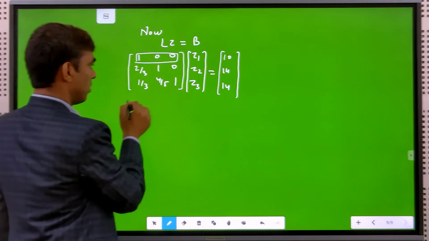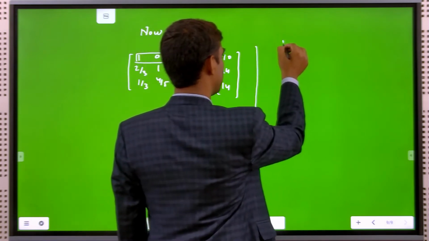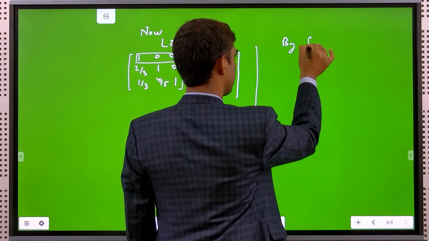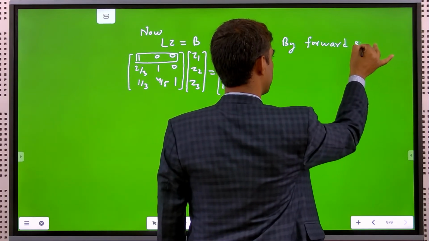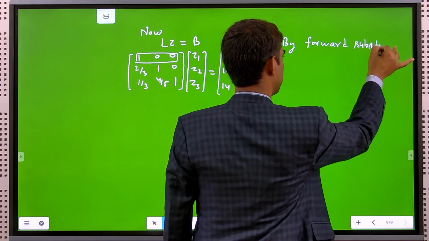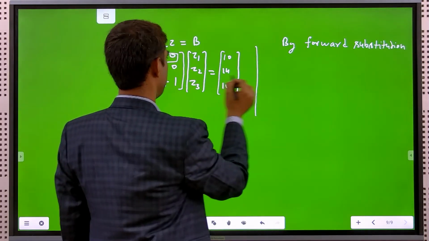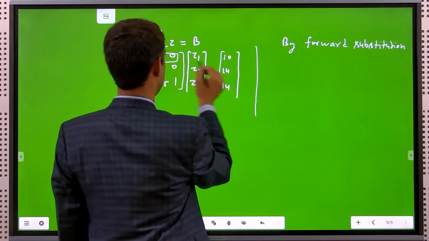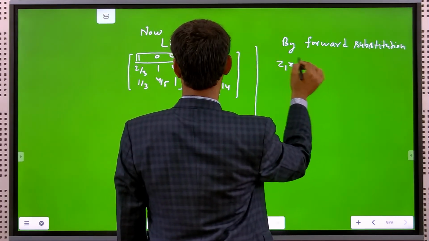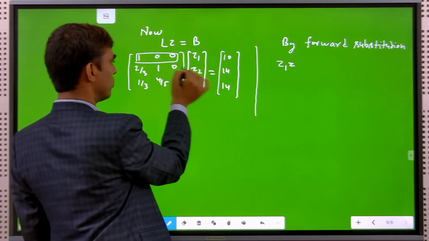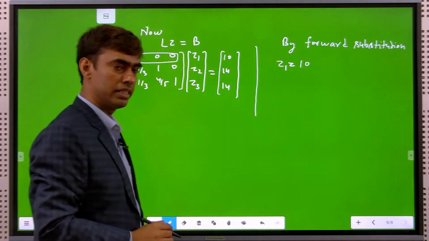So by forward substitution, we find the value of Z1. Z1 equals what? Because 1 into Z1, 0 into Z2, 0 into Z3, Z1 equals 10.